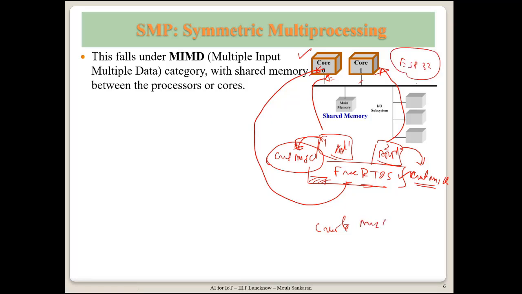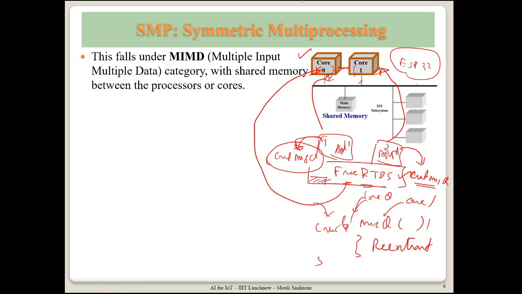Create message queue is going to be called by two different cores simultaneously. Core 0 may call it, core 1 may also call it. This function has to be reentrant. That means I can call it from two different tasks in parallel, because core 0 and core 1 are running in parallel. They don't have to wait for each other's execution and there is no dependency.